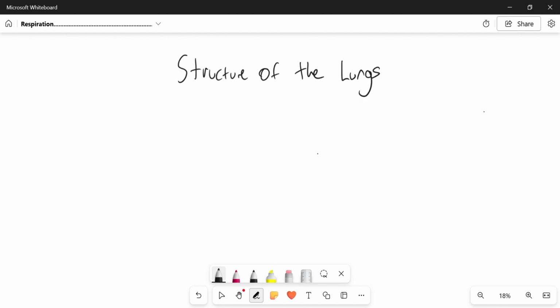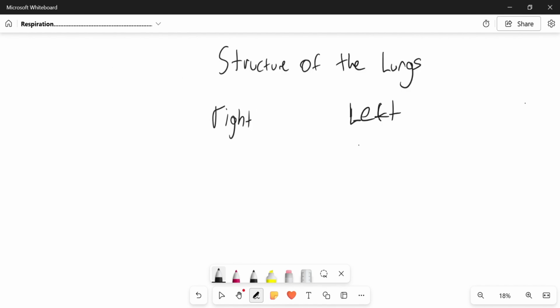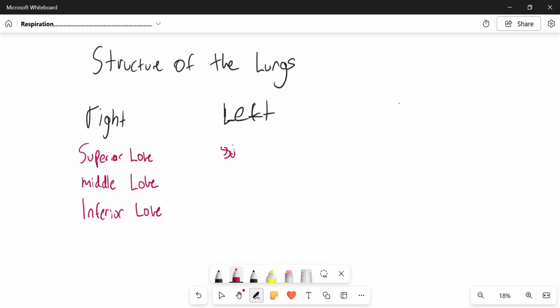So we'll go over the right lung and the left lung. The right lung has the superior lobe, the middle lobe, and the inferior lobe. The left lung also has the superior lobe.